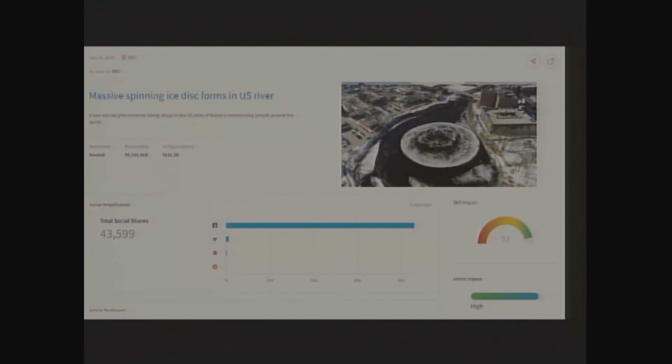I dug in a little deeper on some of these. So for the BBC, you can see that, maybe you can't see it, but the readership for BBC is 59 million. And the ad equivalency, that shows how much it would cost if we bought that press coverage. So just for this article on the BBC, it would have cost $111.2 thousand for that coverage.